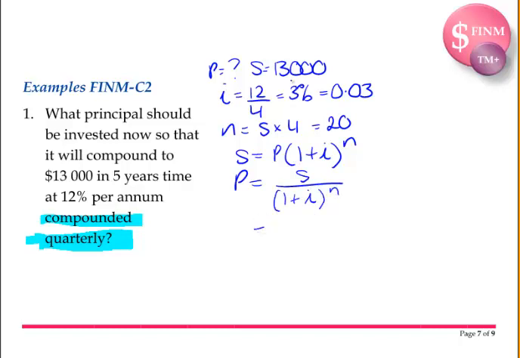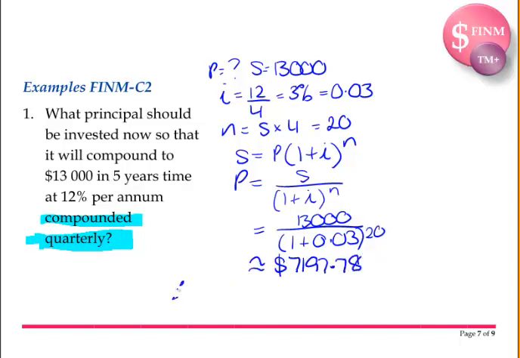Plug in what I have, so it's 13,000 over (1 + 0.03) all to the power of 20. Go to your calculator and that'll give you approximately $7,197.78.